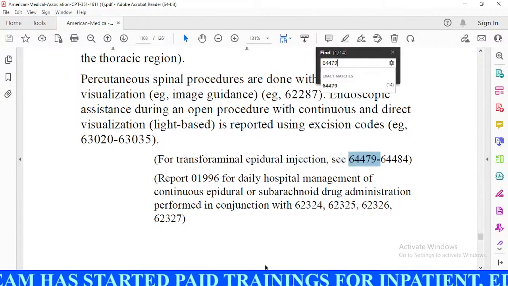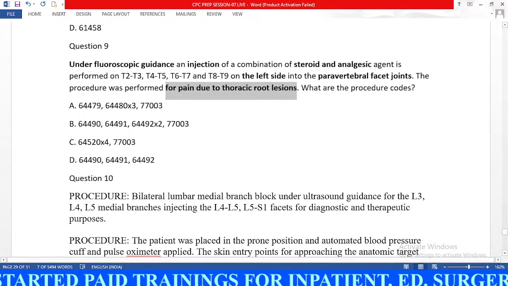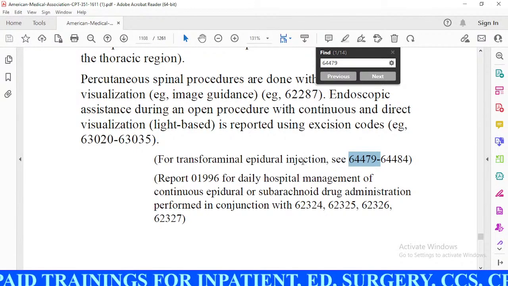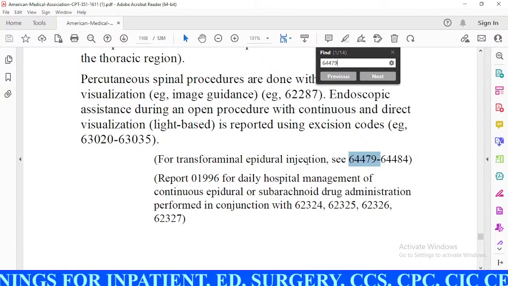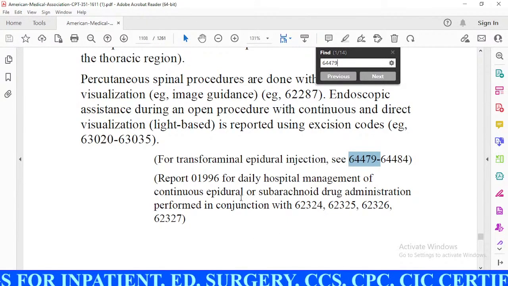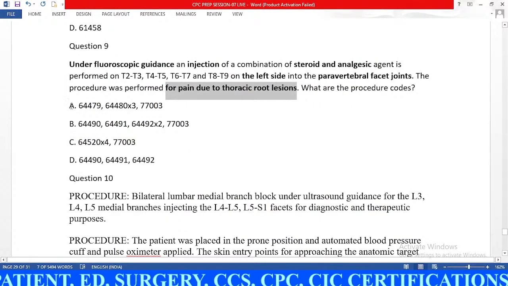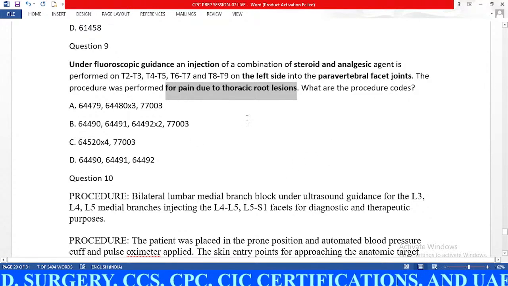What is our type of injection? Paravertebral facet joints. What is 64479? This is a transforaminal epidural injection. So the approach is different, and we can directly strike 64479, which is A. Ours is paravertebral facet joint, not transforaminal.